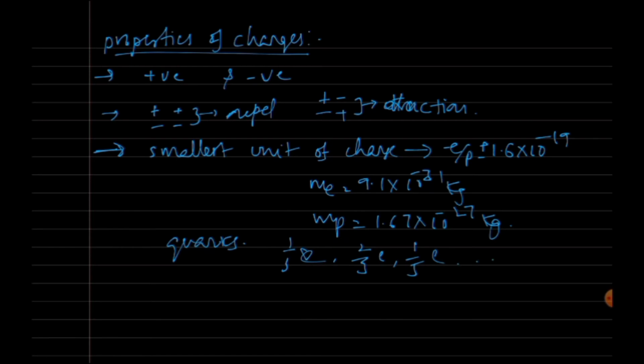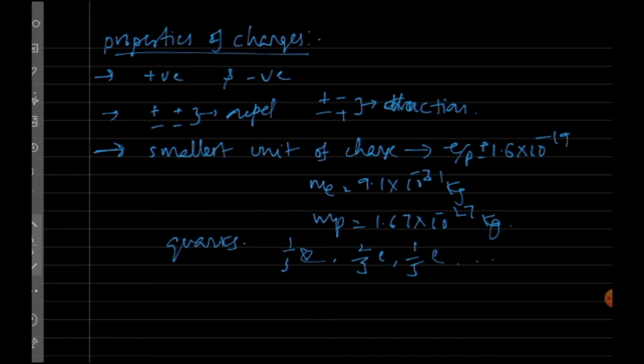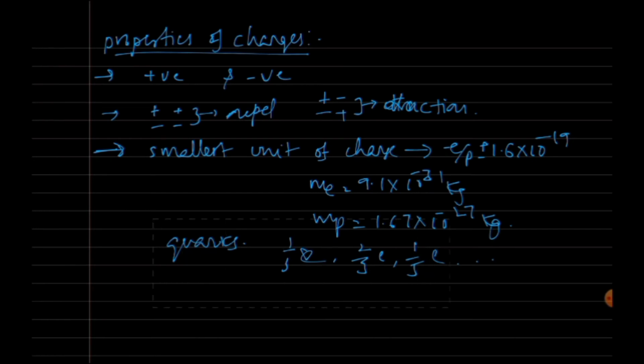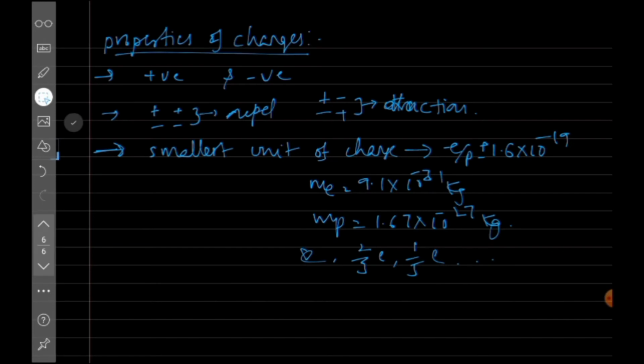So these are smaller units of charge, but it is not our discussion as of now. We are concerned only about the smallest unit of charge which is the universally accepted value, that is the charge of an electron.